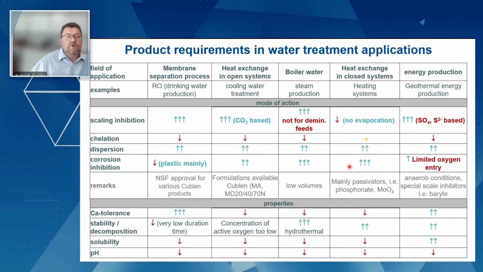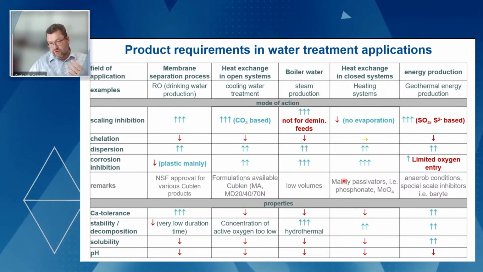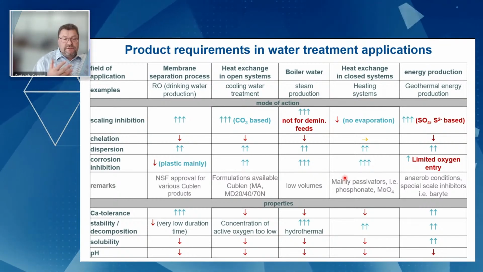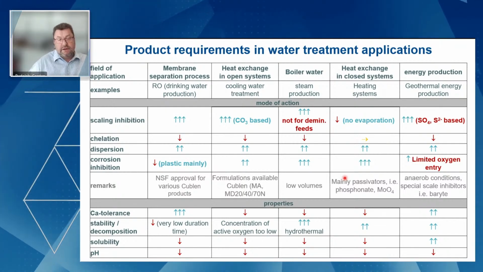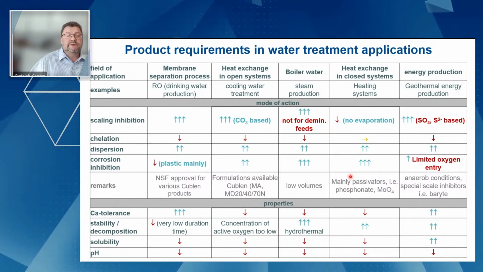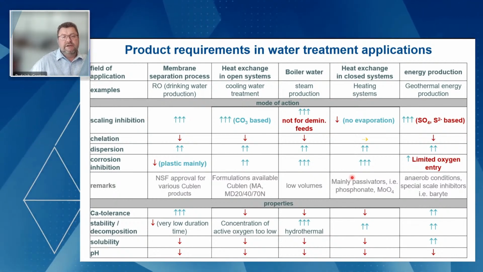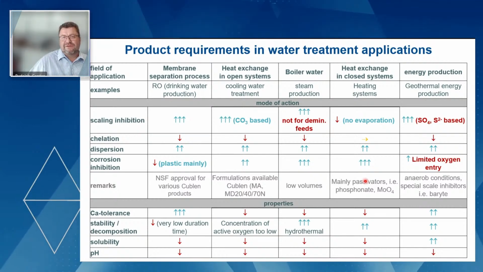Corrosion inhibition is the most important point, and sometimes here formulations are used which mainly consist of passivators for different chemistry, could be phosphonate, could be amine, could be even a molybdate, depending on the area and on the local regulations. So different possibilities are here for these closed systems, mainly in heating systems.